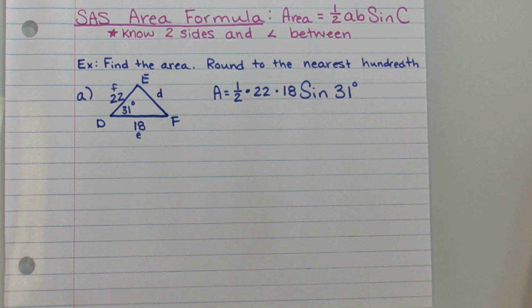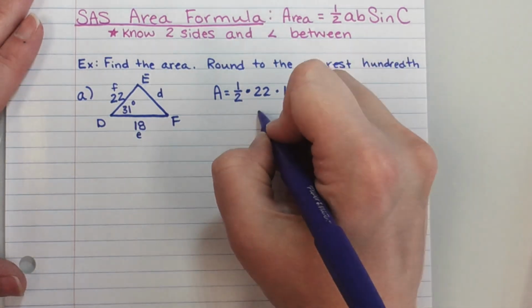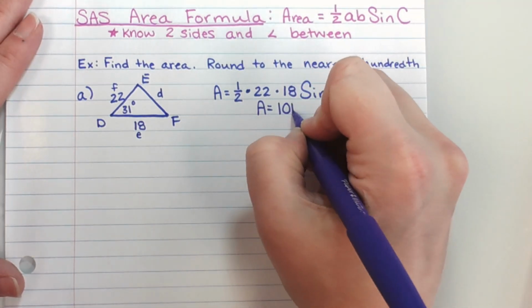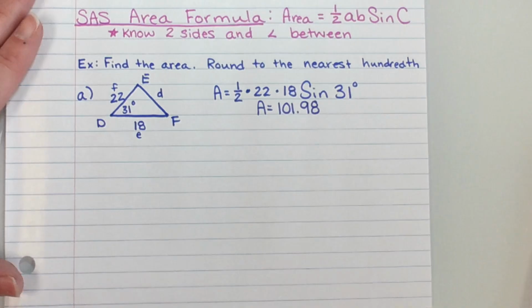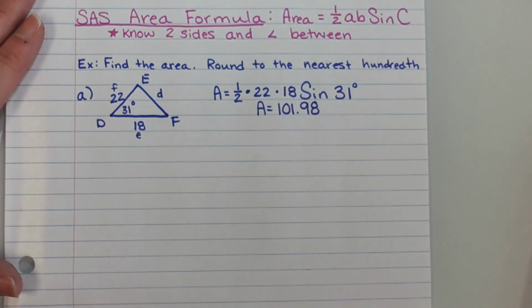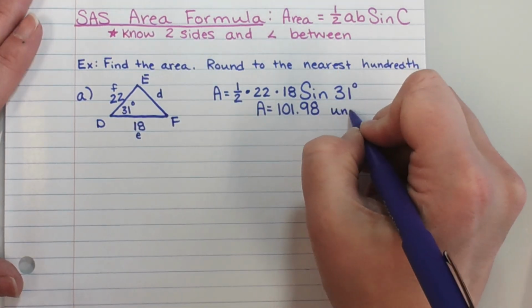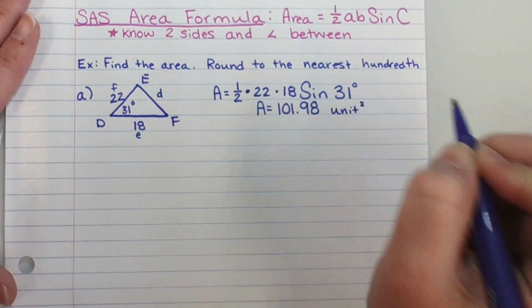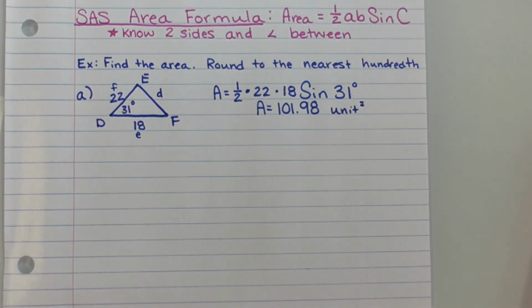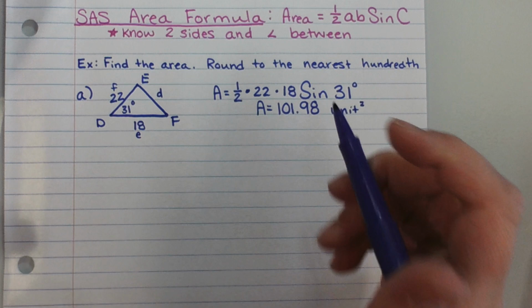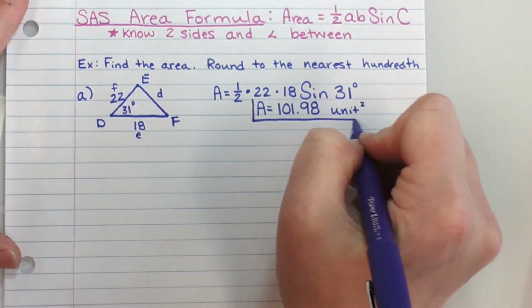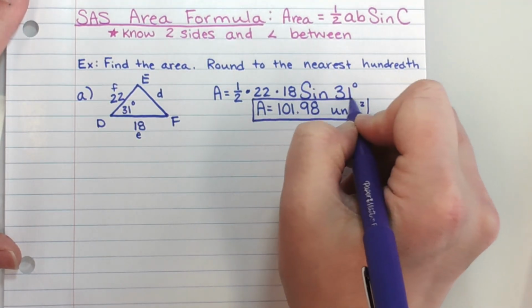What do you get? 101.98. It's an area. 101.98 what? Squared. What squared? Units. If you don't know what they are, you write units. If you knew it was feet, centimeters, meters, whatever it might be, then it's that squared. But it is area, so it's units squared.